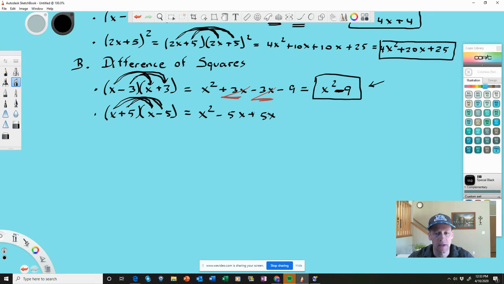And then 5 times negative 5 is negative 25. It should be fairly clear that these two are opposites, and therefore they're going to cross each other out. And you're left with x squared minus 5 squared. Of course, you're not going to write x squared minus 5 squared. You're going to write x squared minus 25.